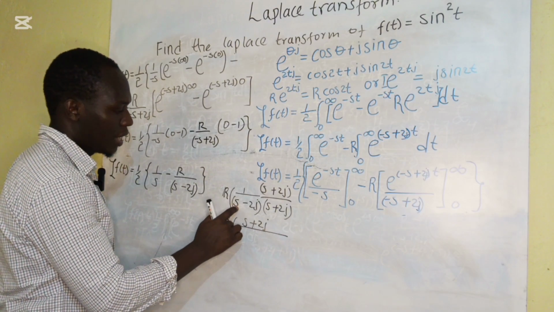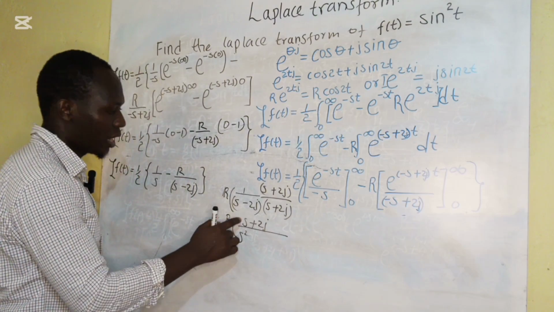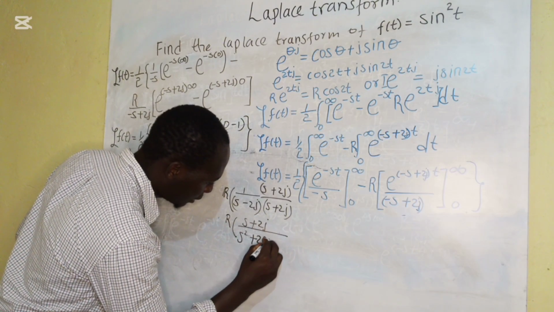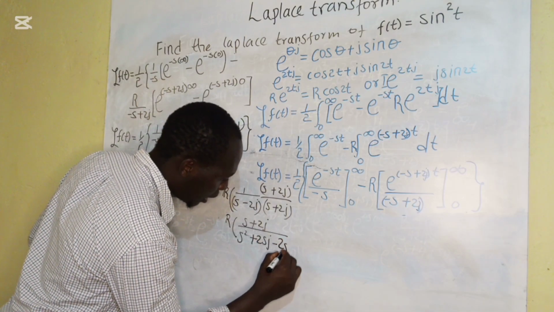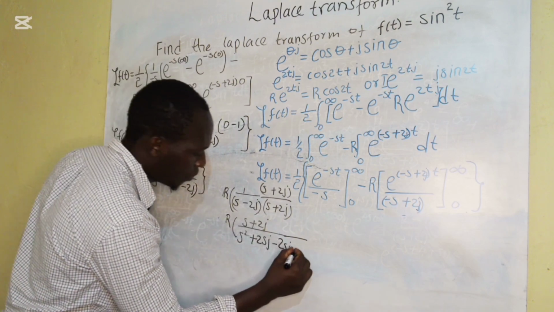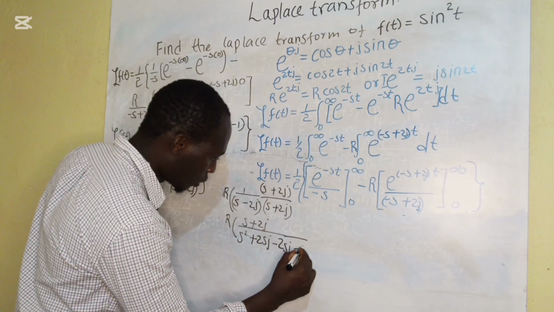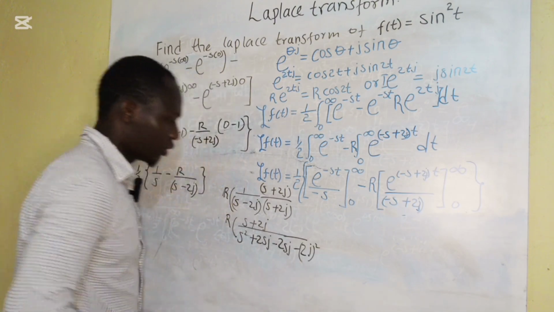Here s multiplied by s, we are going to have s squared. We add 2sj. Here we are going to subtract 2sj, all over. Here we are going to have a negative of 2j, but everything is going to be squared.